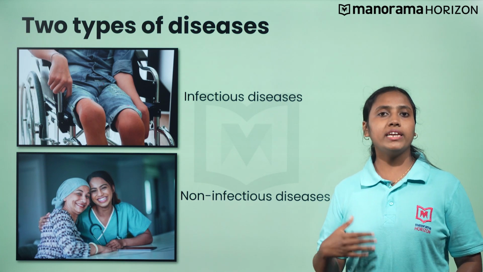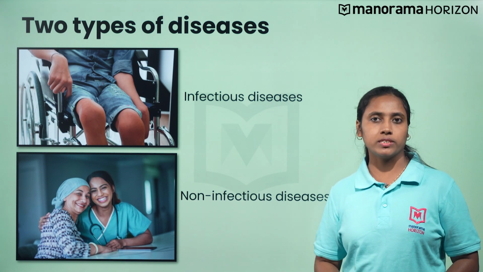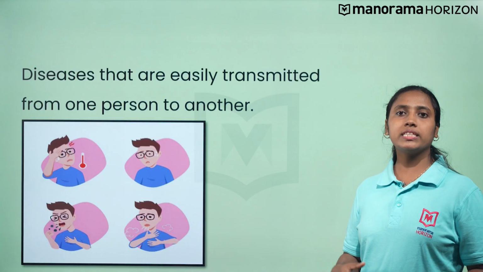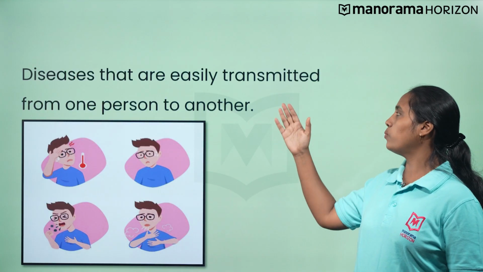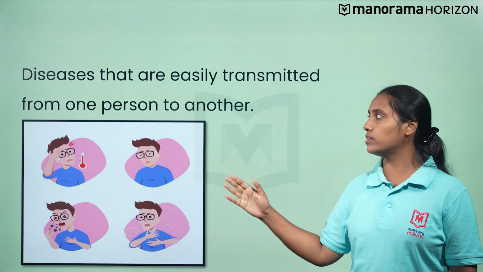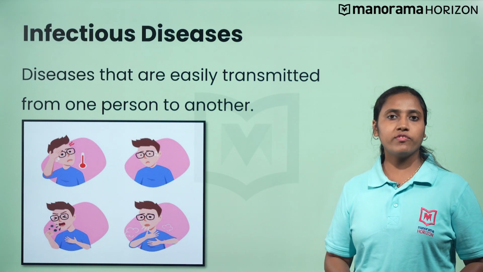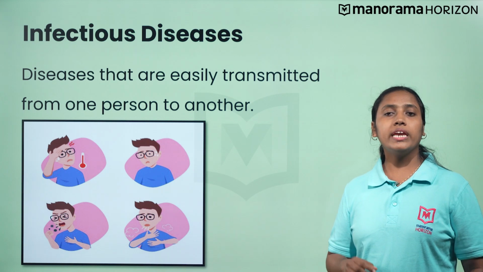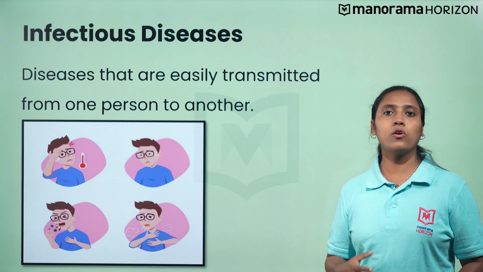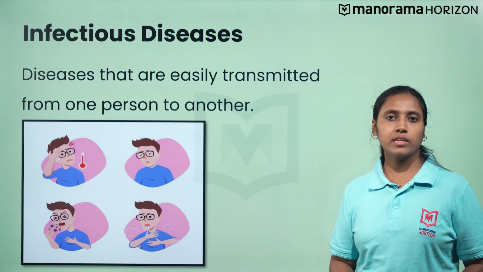What is meant by infectious and non-infectious disease? Diseases that are easily transmitted from one person to another are called infectious disease. Some of the infectious diseases include influenza, corona, common cold, etc.